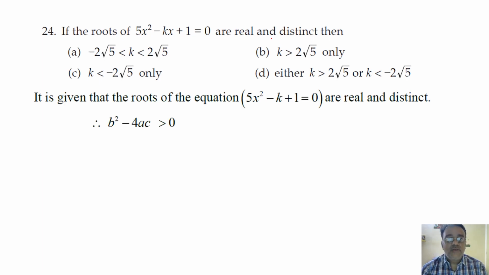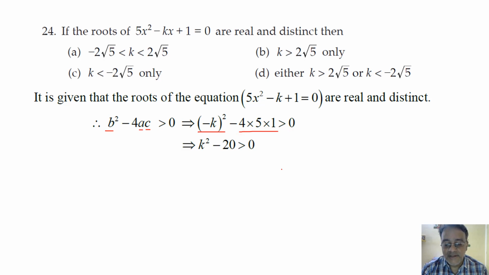Fine. Now the value of b is minus k, the value of a is 5 and the value of c is 1. So substituting, we are getting k square minus 20 is greater than 0. Okay? That is k square is greater than 20.